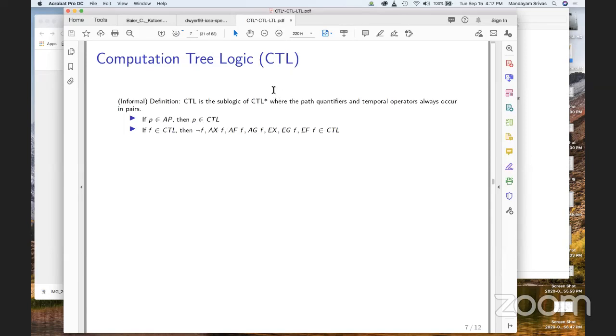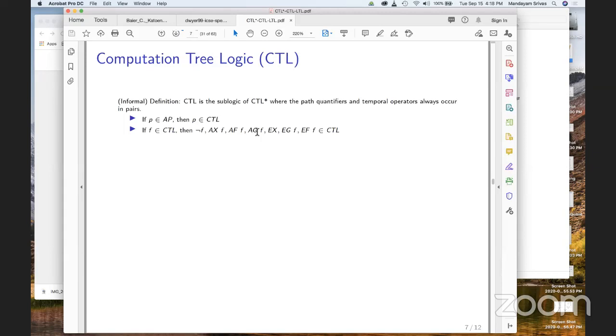In CTL star, could you clarify what is the path quantifier and what is the temporal operator here? X, F, G are temporal operators. Remember that they are used to construct path formulas.